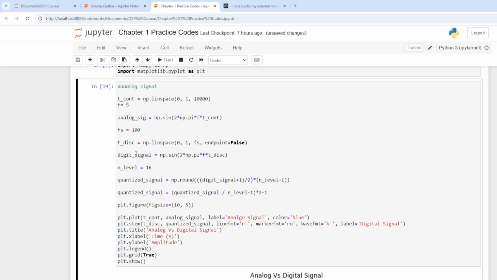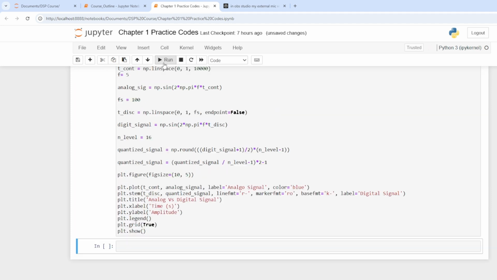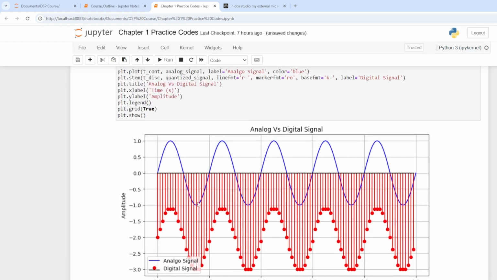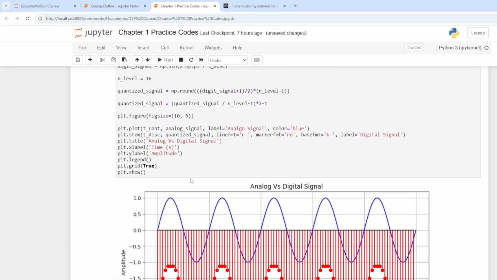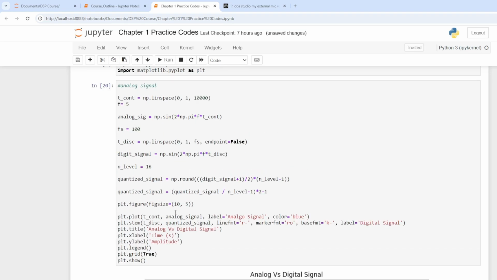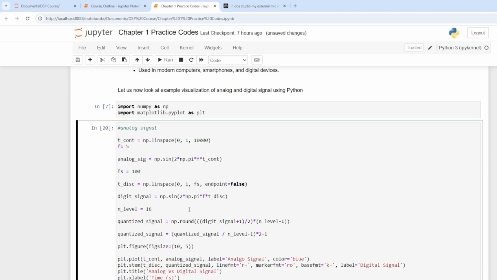So we have analog signal, we have digital signal here, we have quantized signal, we have our analog signal here, and then we have some issue. So we don't see the positive side of the signal, and we need to figure it out. What is the error here?